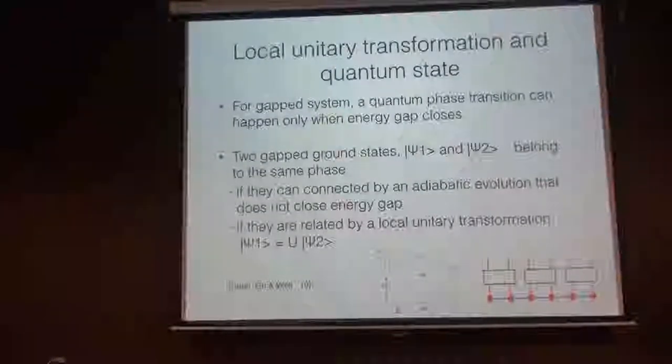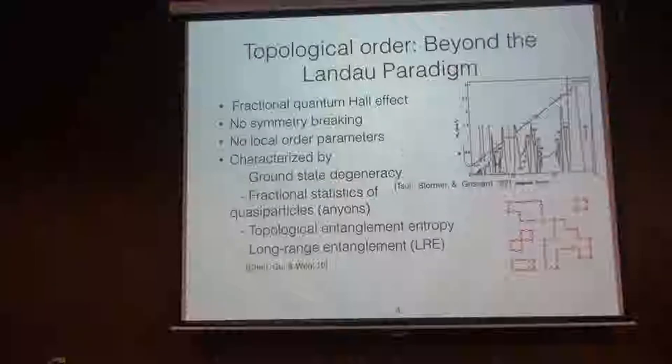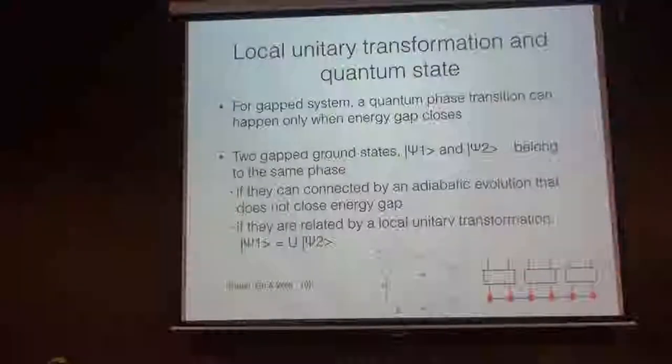Okay, so now we want to ask a question: how to classify the different phases. So we follow the idea of long-range entanglement. We know that for the gapped system, when a quantum phase transition occurs, the energy gap will close. So assume we have two quantum states, psi 1 and psi 2.